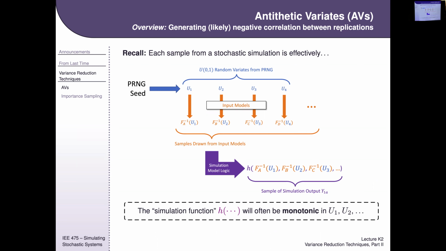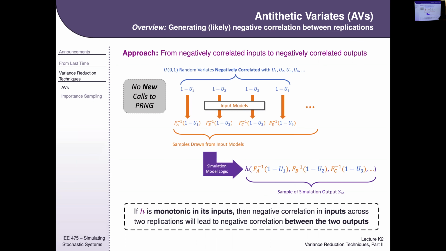For replication two, instead of calling out and drawing new random numbers, we take every random number we drew in replication one and do 1 minus it. That gives us a uniformly distributed random number. If we happened to draw 0.1 here, it gives us 0.9. If we drew 0.8 here, it gives us 0.2.